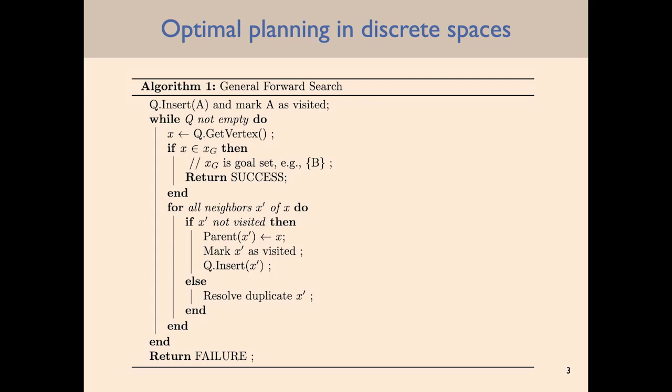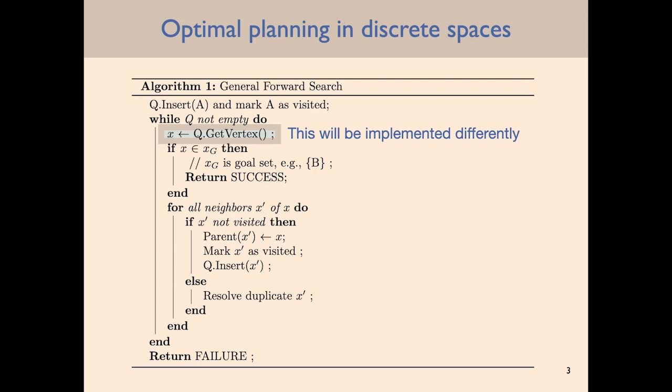We're going to still maintain this general structure of the algorithm, but we're going to make two new modifications. The first one is that we're going to implement this q.getVertex a little bit differently. Basically, we're going to have some prioritization that's different from BFS and DFS. BFS and DFS use either first in, first out, or last in, first out.